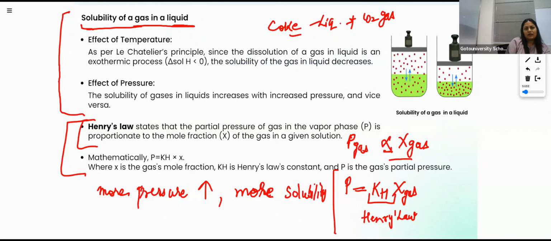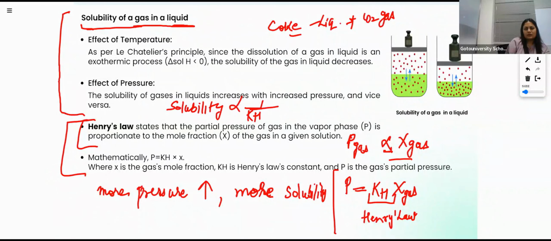If we apply temperature to the Coke bottle, obviously the gas present in the Coke, or say in the liquid, the solubility of gas will decrease, right? And if we apply pressure, solubility will increase.